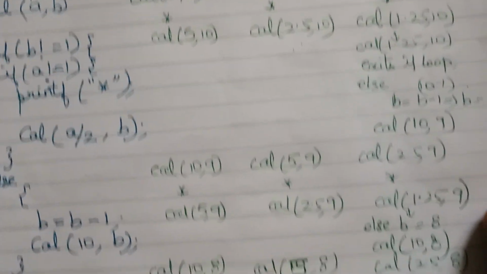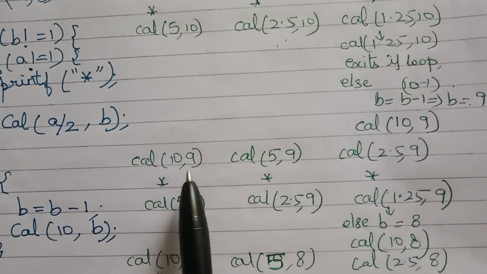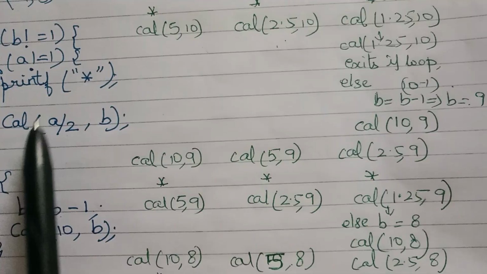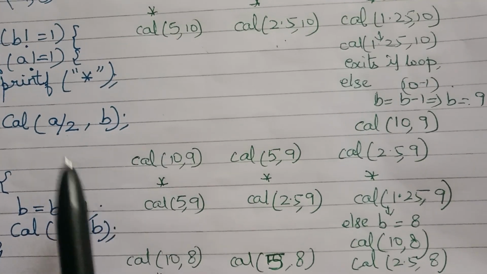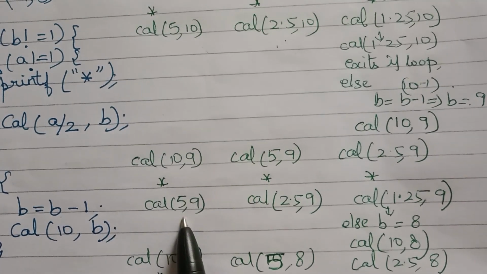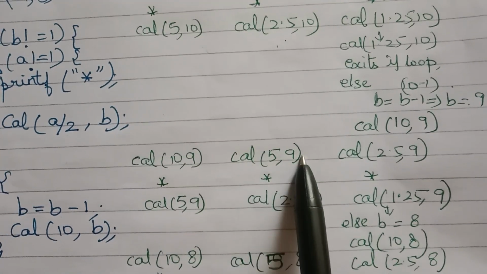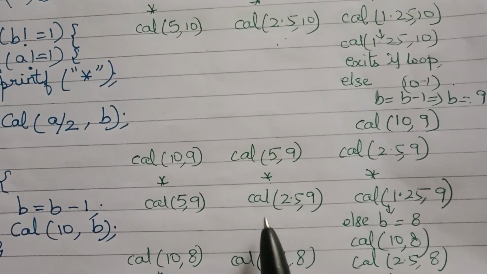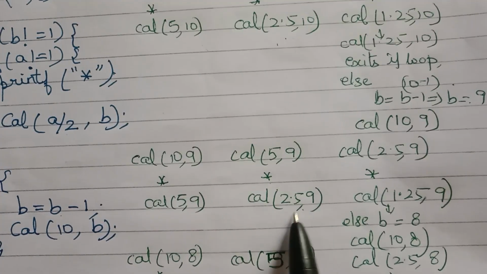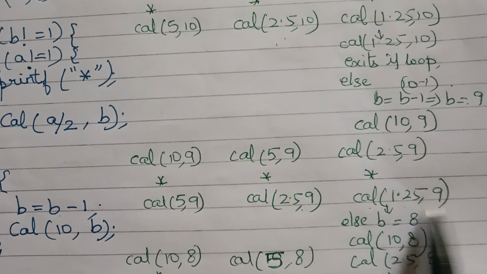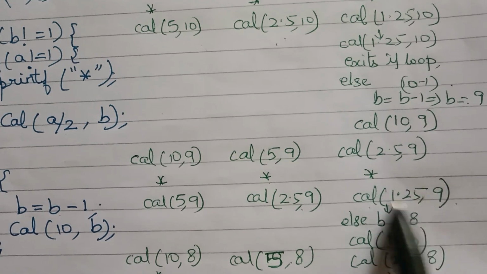Then 10 comma 9, again a star is printed, and then A is divided by 2, so 10 by 2 is 5. So CAL(5, 9), again we print a star. Then CAL(2.5, 9), again you print a star, and then it becomes CAL(1.25, 9). So here when it becomes 1, what happens?